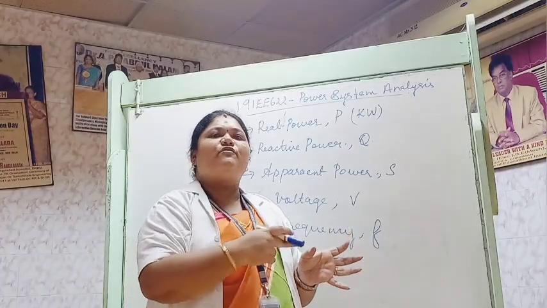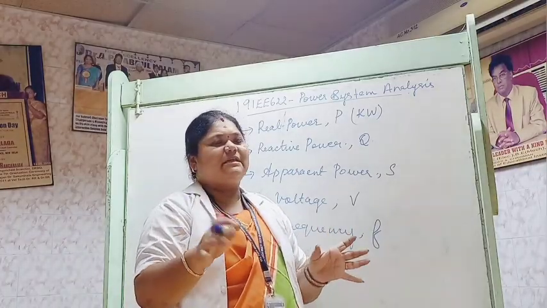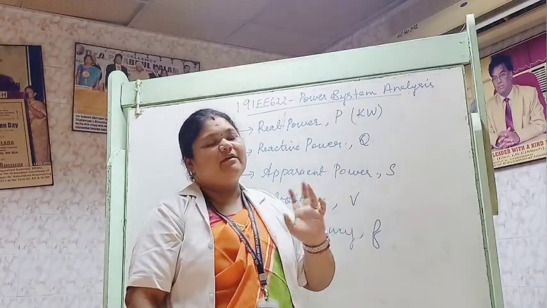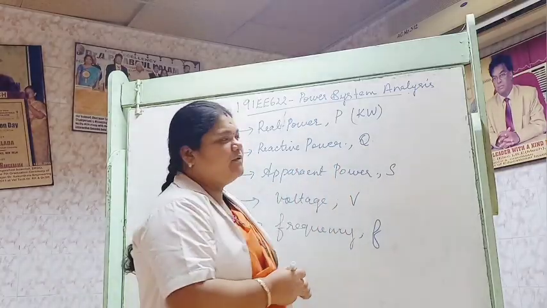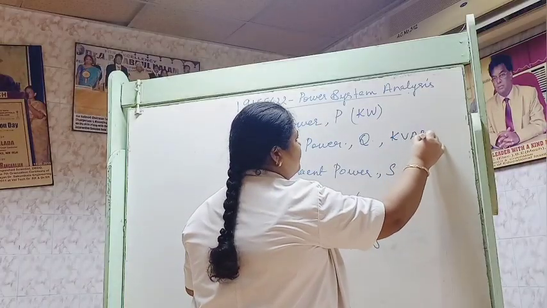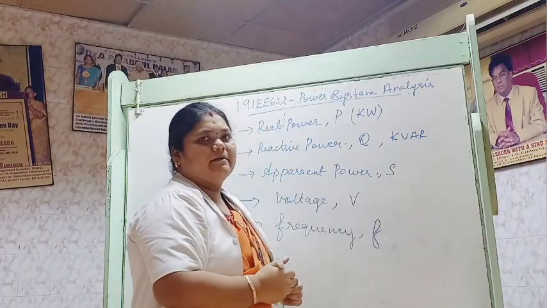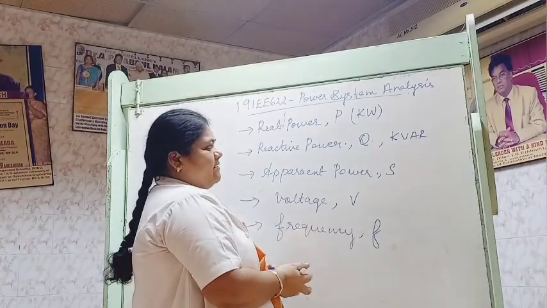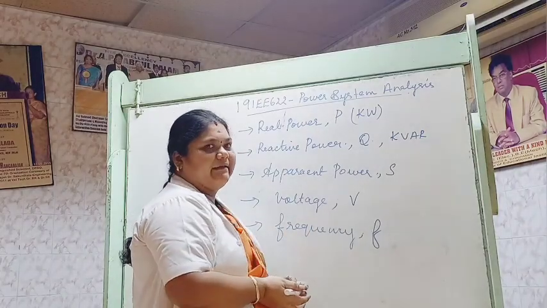This to and fro motion of power is called reactive power. Reactive power is measured in kVAR or MVAR, megavolt ampere reactive.